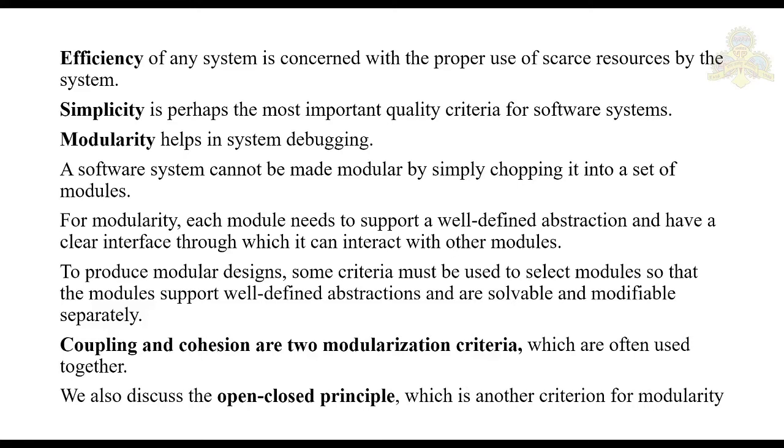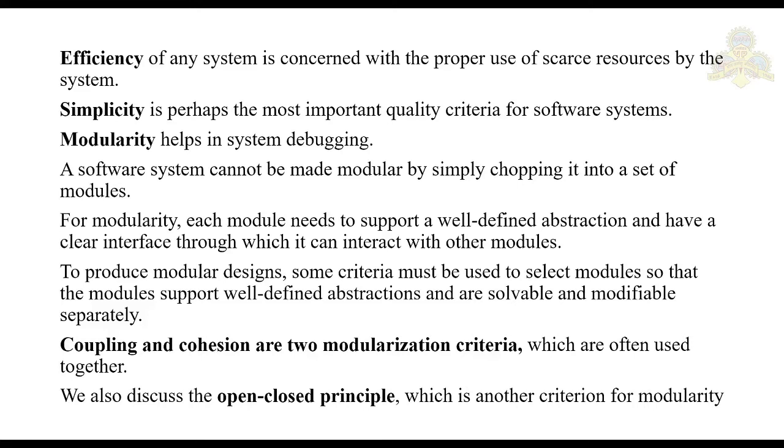To have modularity, each module needs to support a well-defined abstraction and it should have a clear interface through which it can interact with the other modules. To produce a modular design, some criteria must be used to select the modules so that they have well-supported abstractions and can be solved and modified separately.